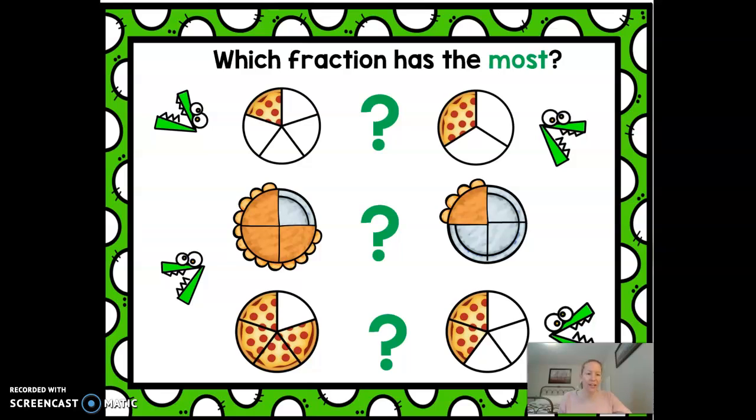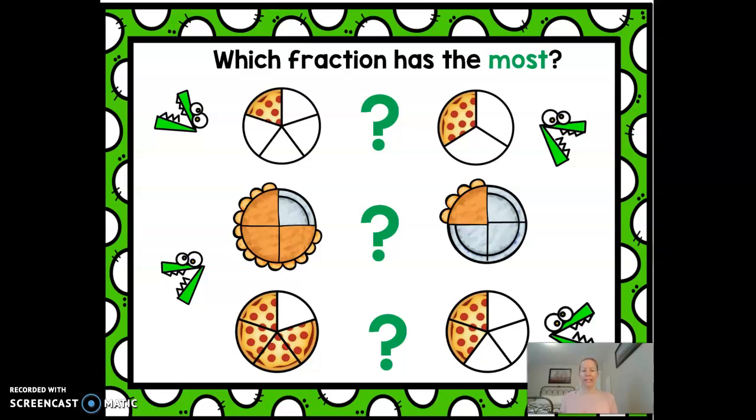Okay, I want you guys to take a look at these questions, and I want you to answer them in your head. Which fraction has the most? So for the first one, we have 1/5 and we have 1/3. So in your head, what way would your alligator be going?